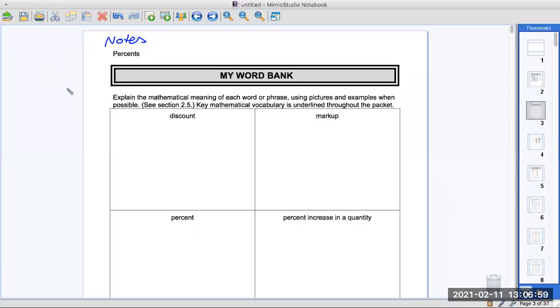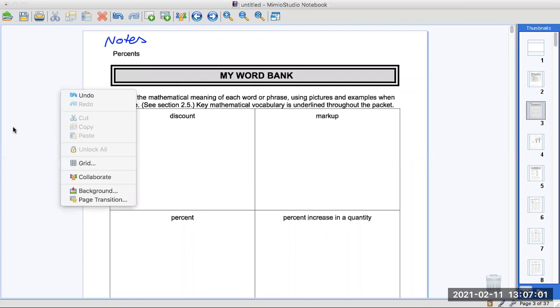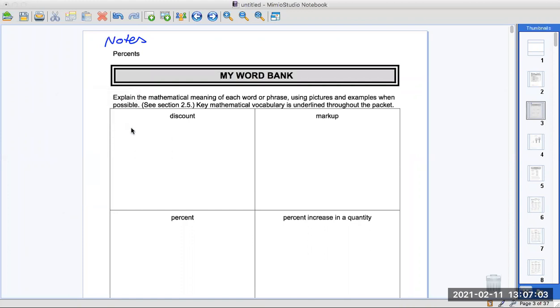Okay, the very first word is discount. And when you get a discount, you have to pay less for an item. So it's also called markdown. You pay less for an item.